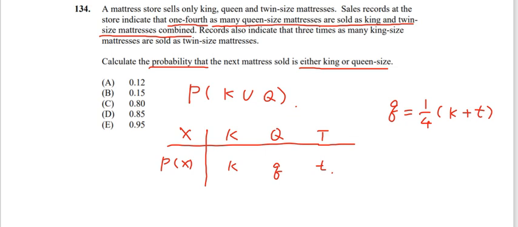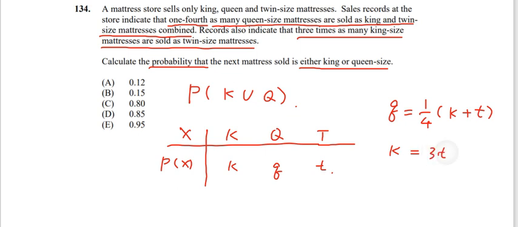And three times as many king are sold as twin. So this is king equals 3 times twin, so king equals 3t.